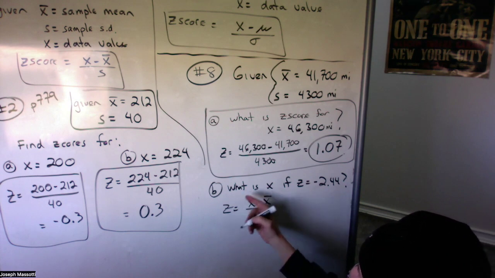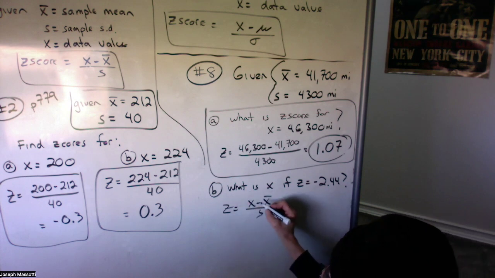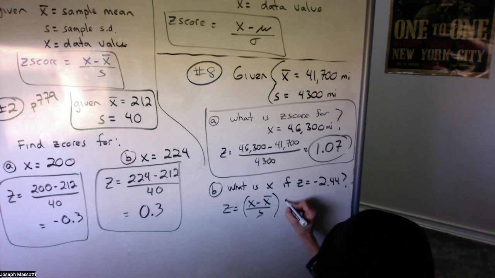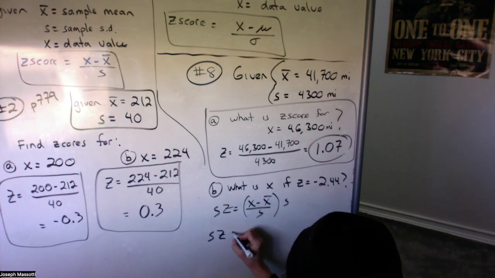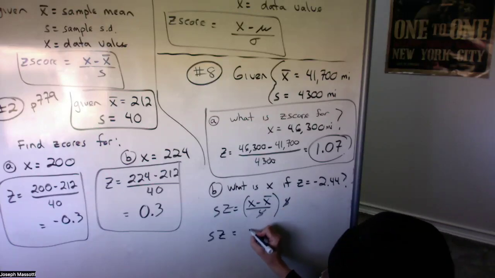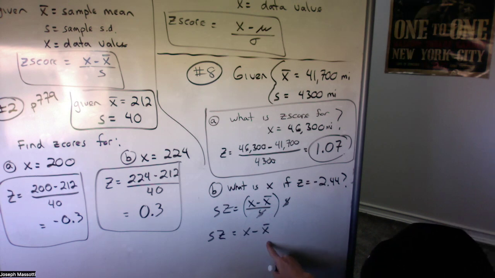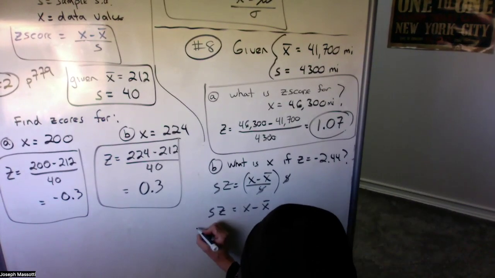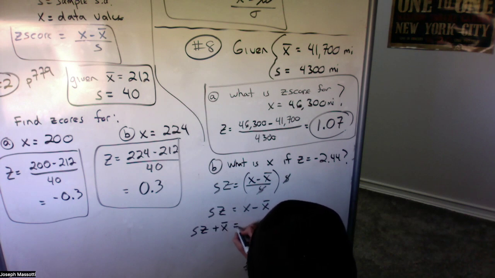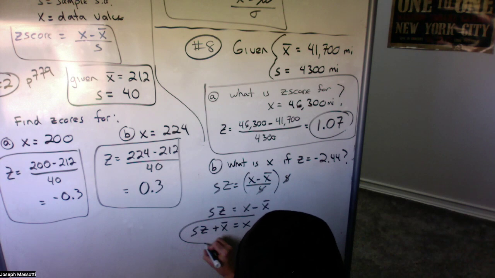So if we solve this formula for x, well, let's multiply both sides by s. So now we get s times z. These s's cancel out, and we're left with x minus x bar. We're solving for x, so we're going to add the sample mean to both sides, right? So if we add the sample mean to both sides, we get the standard deviation times z plus the mean. That's going to be our x.